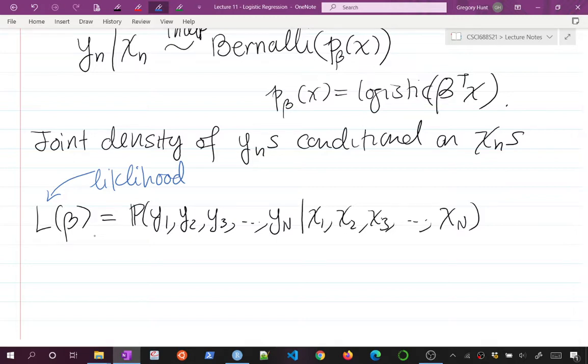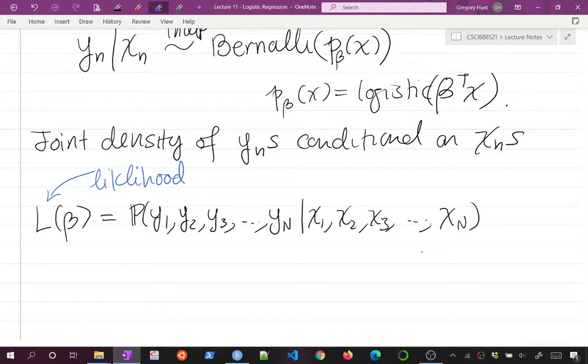So the way you can think about this likelihood function is that for different values of beta, it tells me the probability I observed my y's given my x's. If there's a value of beta where that's high, that's probably correct. So I have my y's and my x's, and I can say, okay, if beta were negative 100, what's the probability I observe this data?